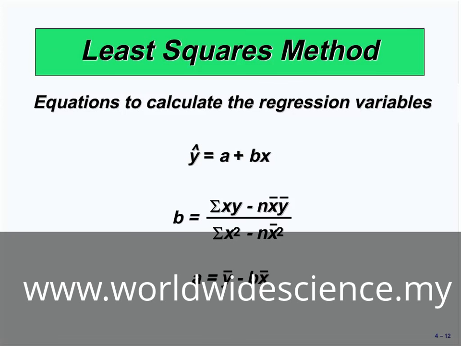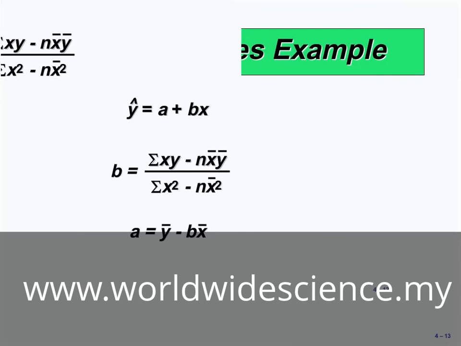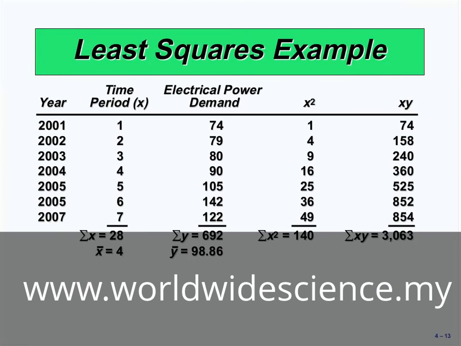Okay, can I go to the next slide? I want to go to the next slide to give an example. For example, an electrical power company in a power plant. In 2001, the demand for electrical power was 730 kilowatt.